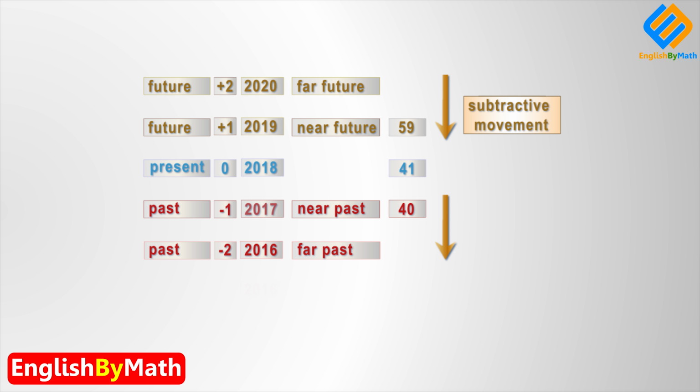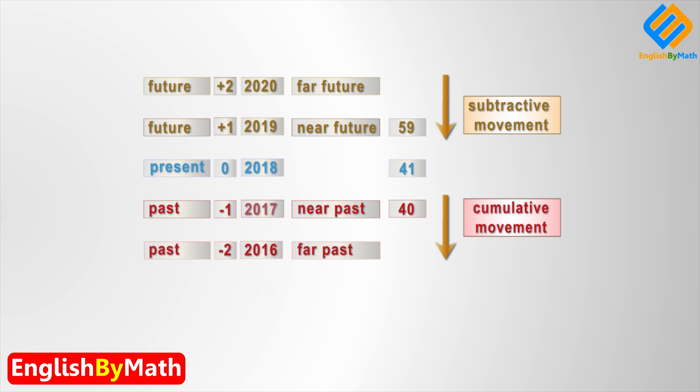So, plus 2 becomes plus 1. Movement in the past, however, is cumulative, that is, it increases in value. So, minus 1 becomes minus 2.